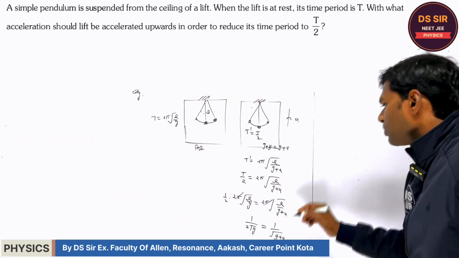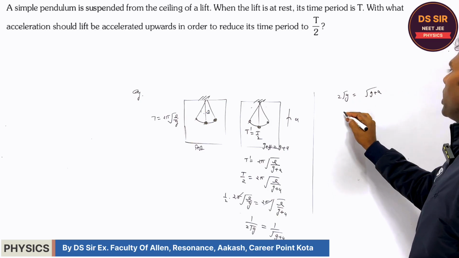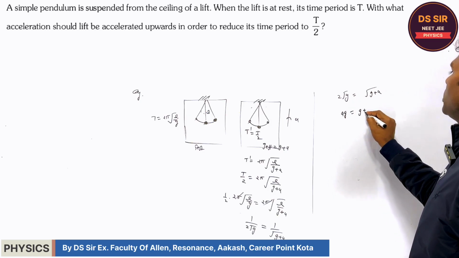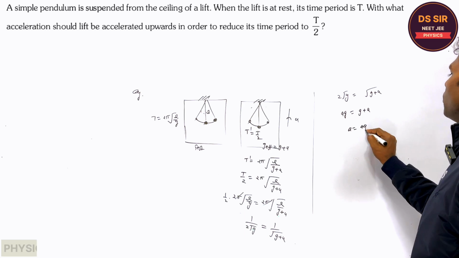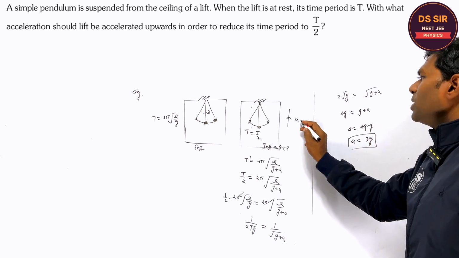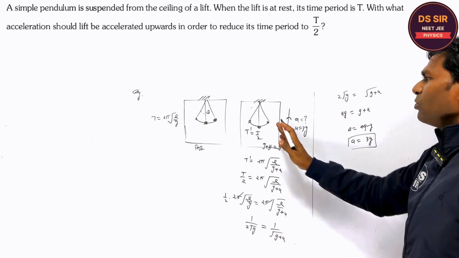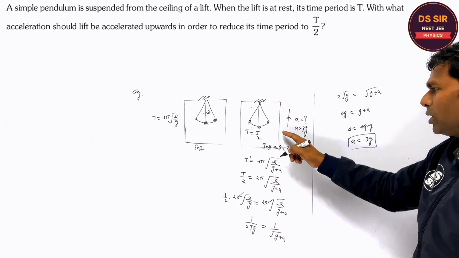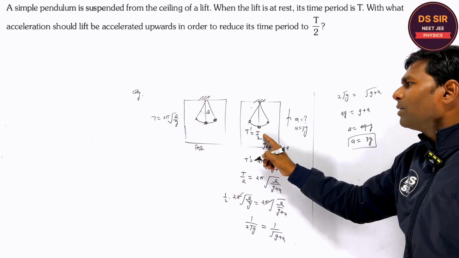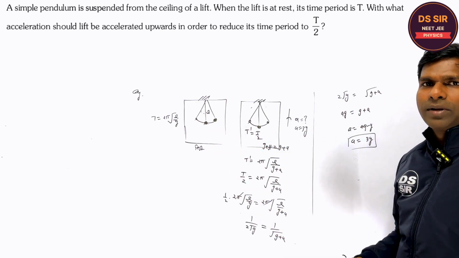Square both sides: 4g is equal to g plus a, so a is 4g minus g, so a is 3g. So what should be the acceleration of this lift? The acceleration of this lift would be 3g, so that the time period becomes half of the time period of that simple pendulum at rest.